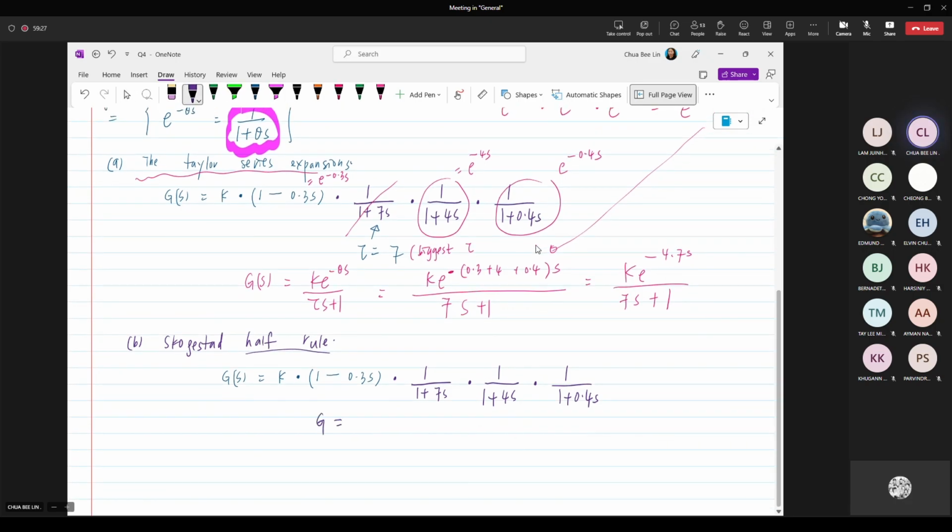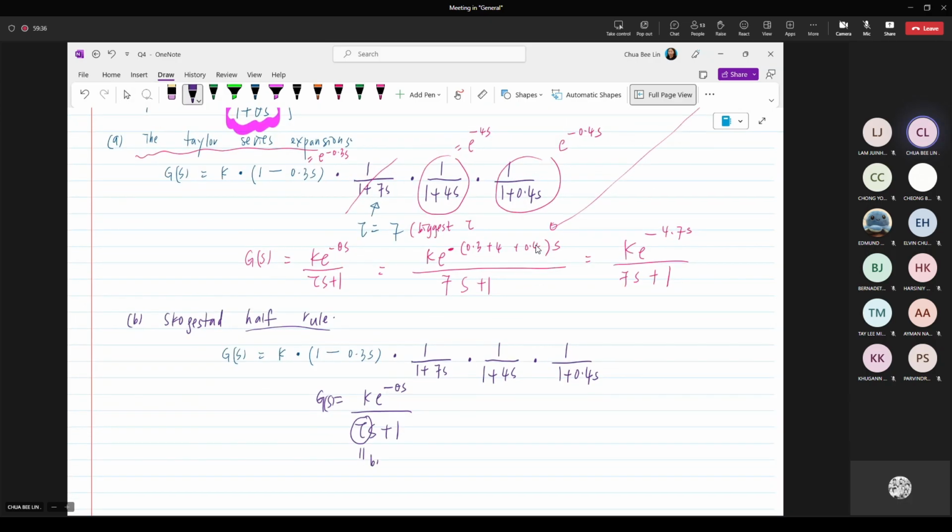So G equals to K e negative theta S over tau S plus 1. So this tau, formula is biggest tau plus half of the second largest tau. So we'll be having 7 plus, so this is the second largest tau, 1 over 2 multiplied with 4, so 7 plus 2, it is 9.